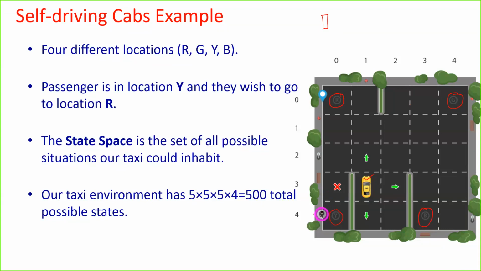This is the customer location indicated with a magenta color, and this is the drop-off location indicated with the blue color. In the slides it is like this, but in the environment I noticed that the customer, or pickup, location is indicated with a blue color, and the drop-off location is indicated with a pink color.